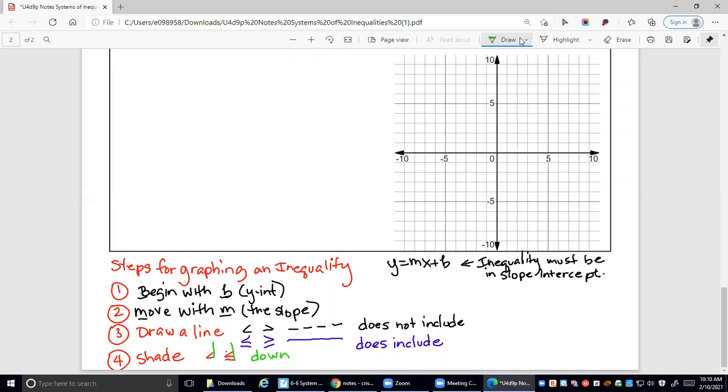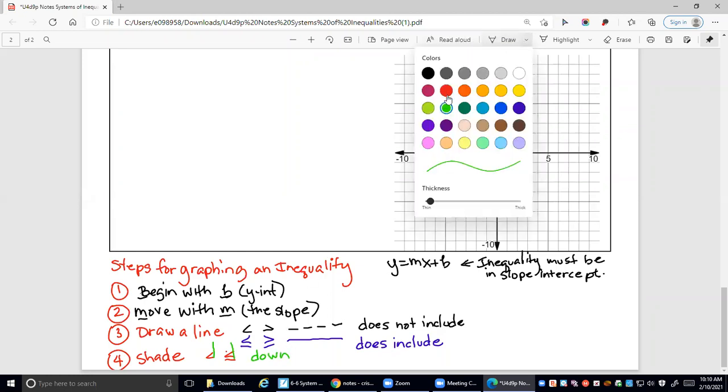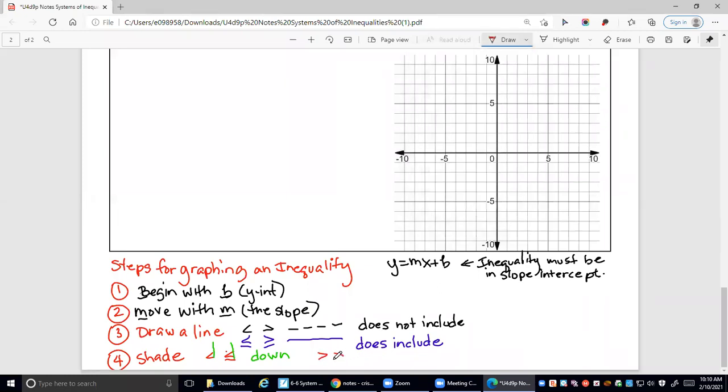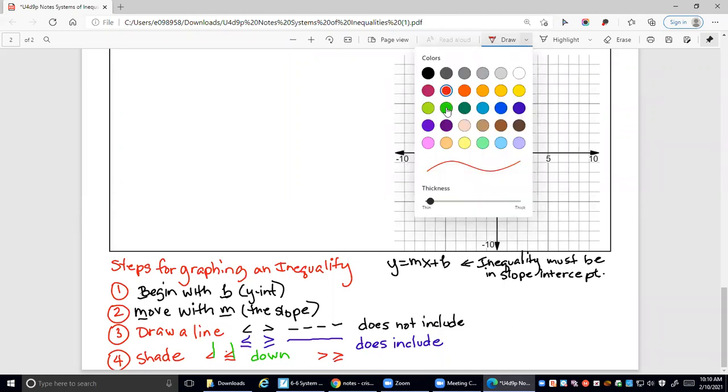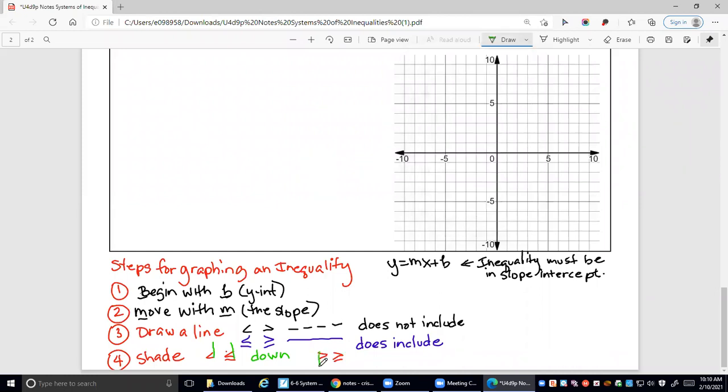And if you do the greater than or greater than or equal to, so you're absolutely correct, we can make a little P out of that, and that is for up.